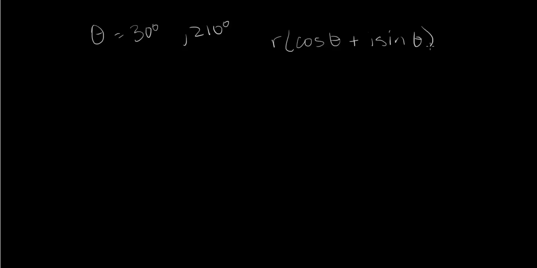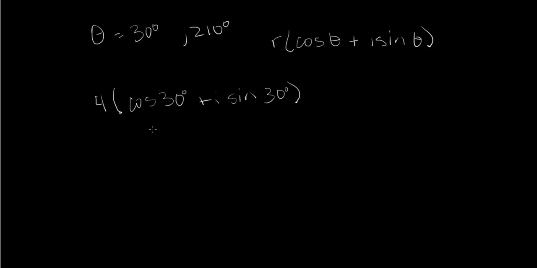If you remember, we said r was equal to plus or minus 4 in the first part of the problem. So I'm going to do positive 4 just for now. And my cosine of 30 plus i sine 30. That's the trig form for my first quadrant.